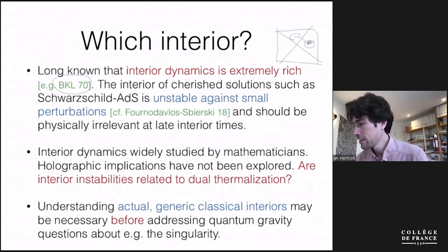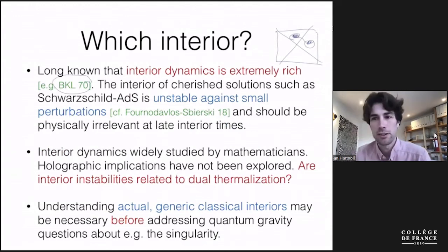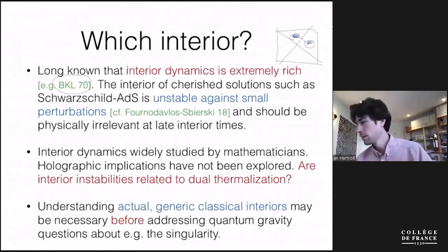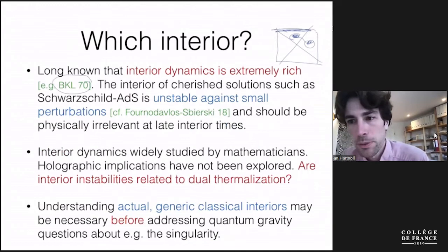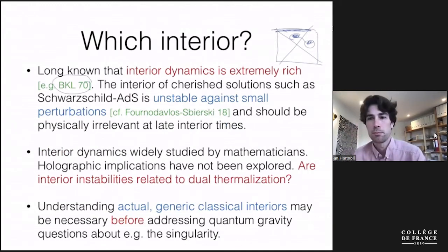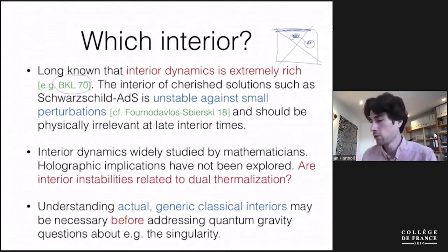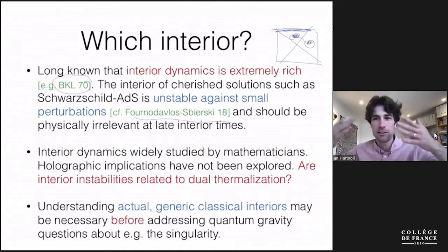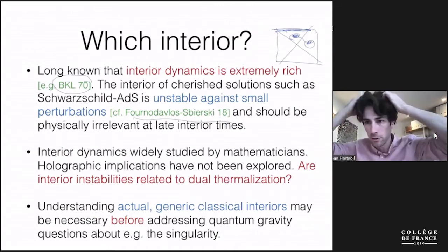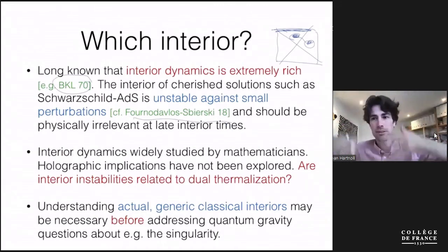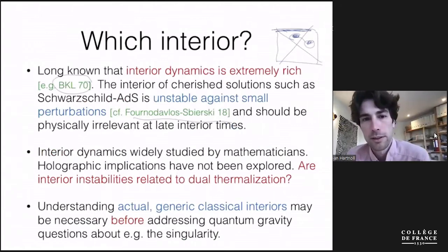If someone sneezes inside the horizon, however, that will make a big difference to future infinity, because the perturbations actually grow in the inside, as I'm about to show you. And so the inside of a black hole is not stable. In the Schwarzschild context, there are mathematical papers on this, but it should be obvious from this BKL behavior that I think you've talked about, that black hole interiors tend to be chaotic and unstable.